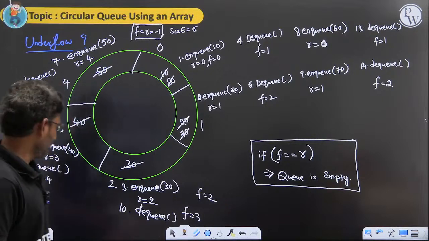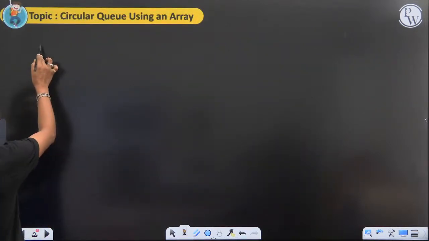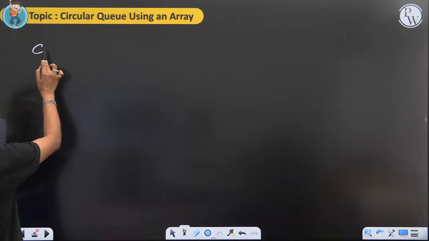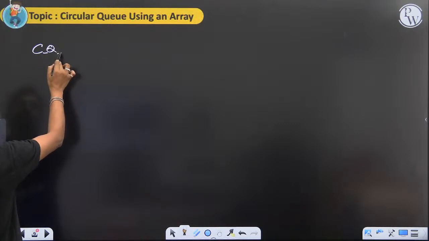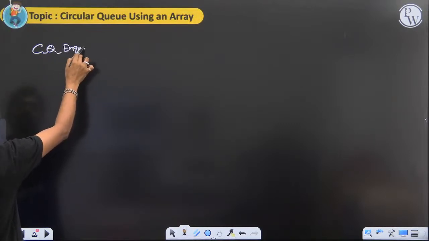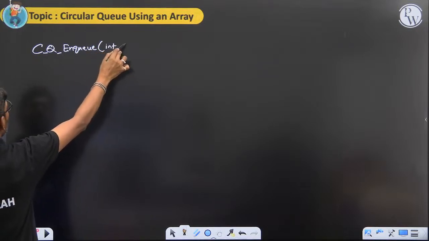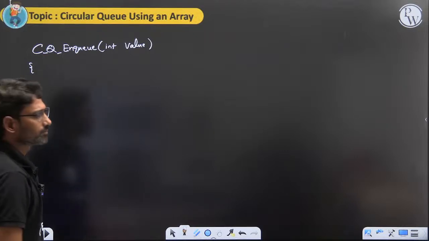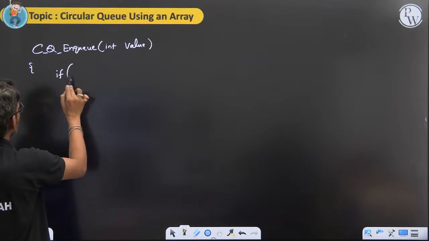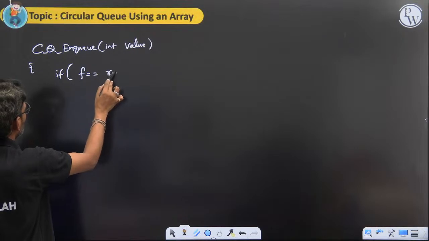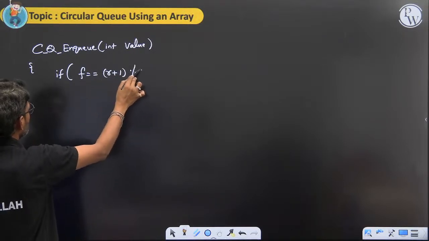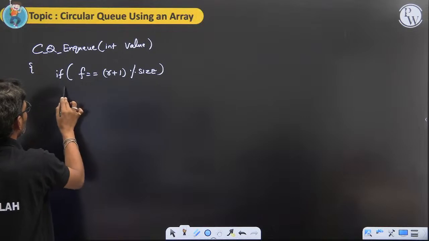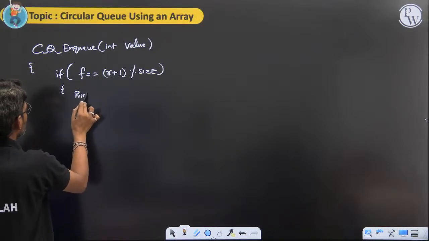Okay? So now if I go ahead with the implementation part, circular queue insertion, let's say I am inserting a value. Now I check if front is equal to (rear plus 1) mod size, then definitely the queue is full.